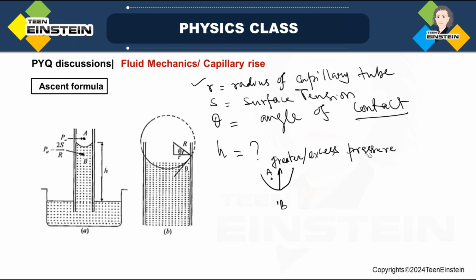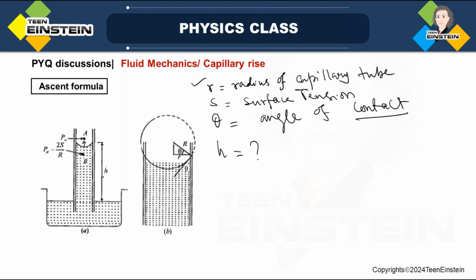So if I consider two points A and B, A is in the concave region, just above the meniscus or the top surface.